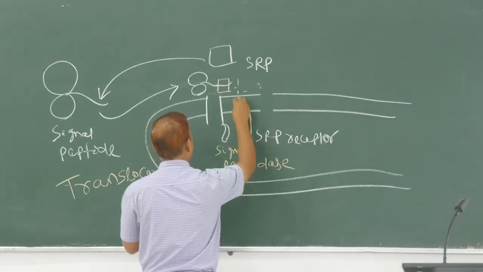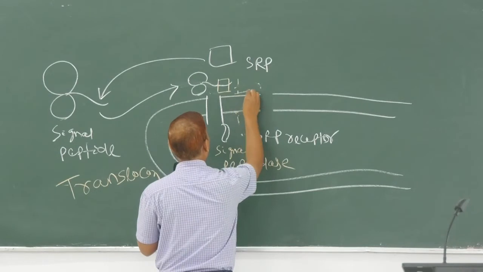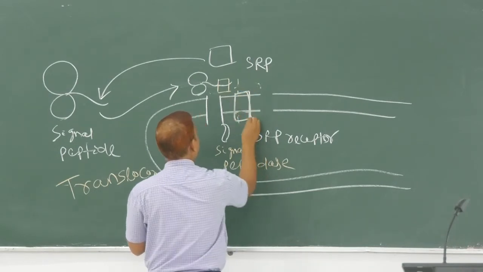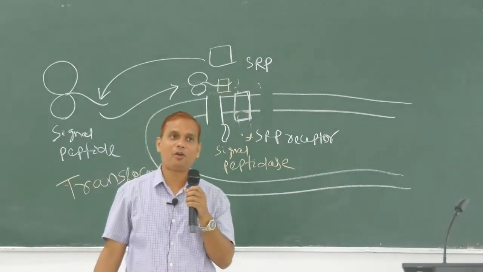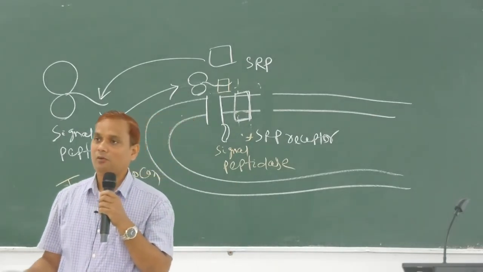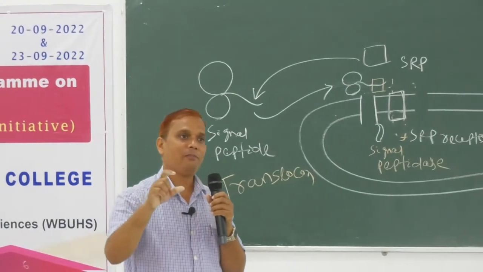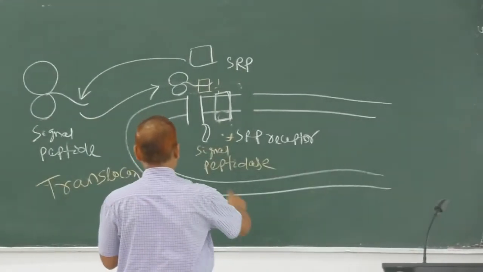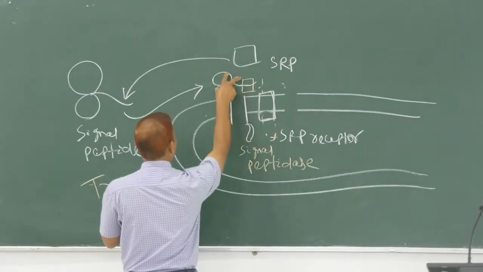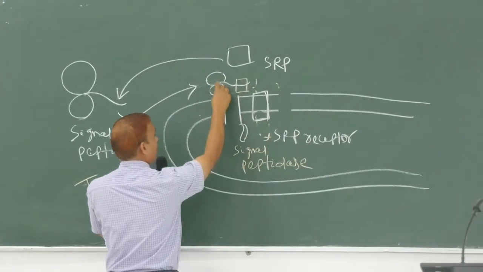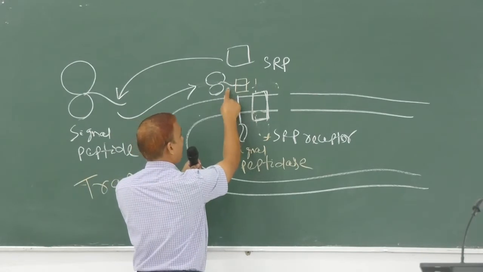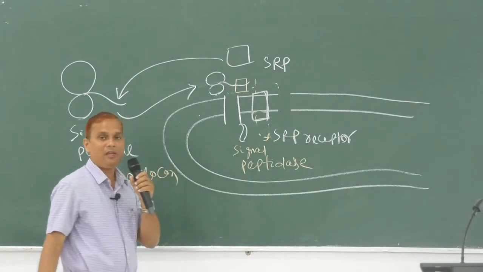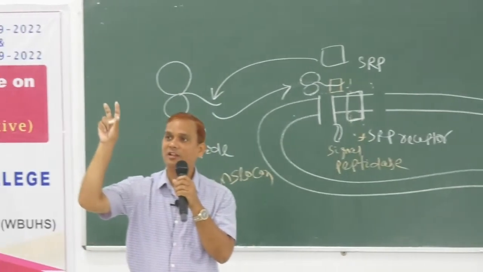And what kind of protein is this SRP receptor? This is an integral membrane protein. So with that receptor, the translocon or ribosome along with the signal peptide and SRP will all bind with the SRP receptor.